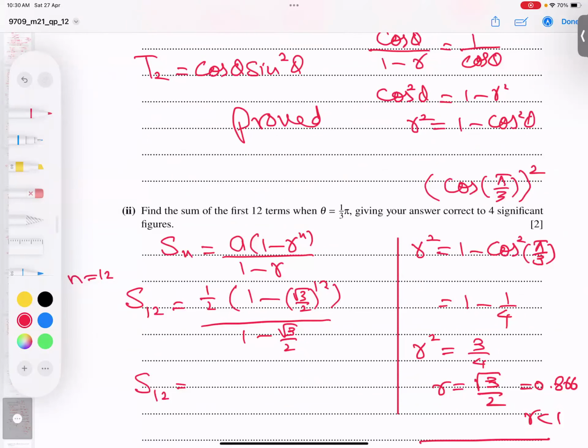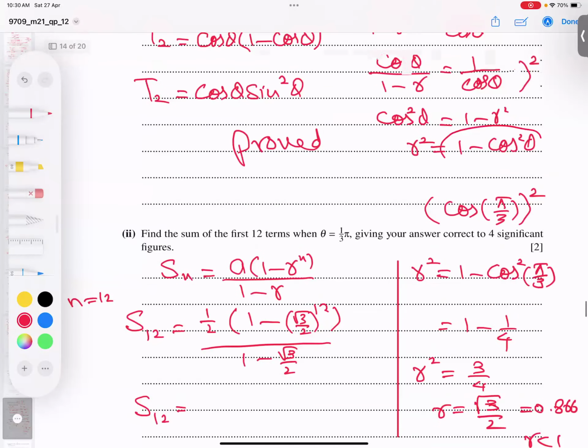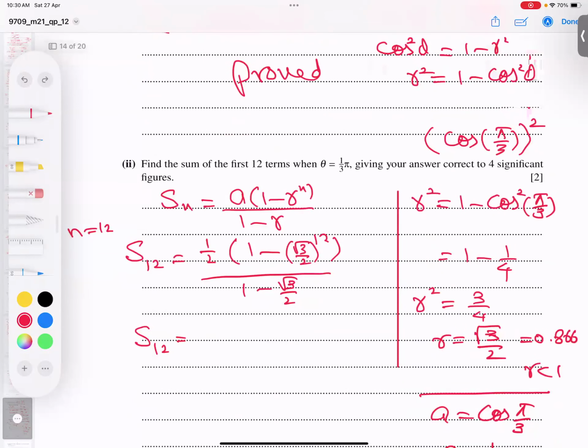Maybe typing mistake. Take root 3 by 2, and root 3 by 2 is 0.866. Let me check the r values. Okay, use 1 minus cos square, no mistake here.